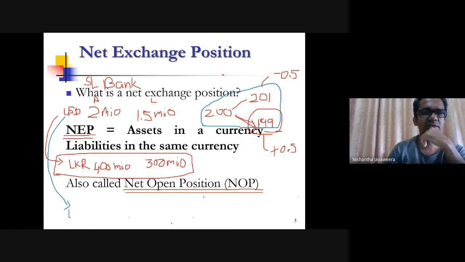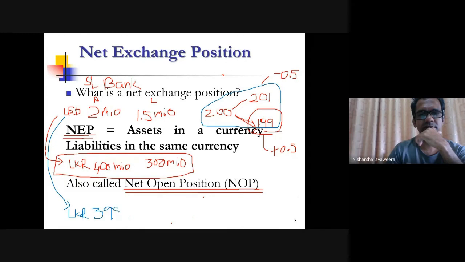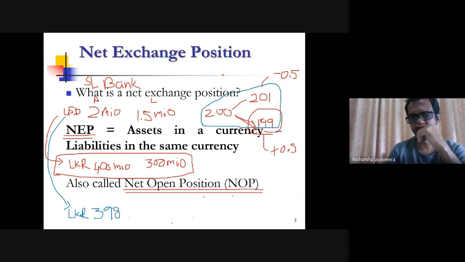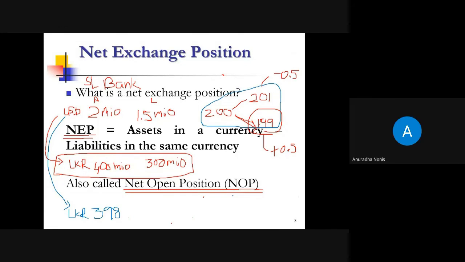Now what would be the value of assets when the exchange rate is 199? It would be 398 million in rupees. Is it correct? Yes, sir. That's correct.